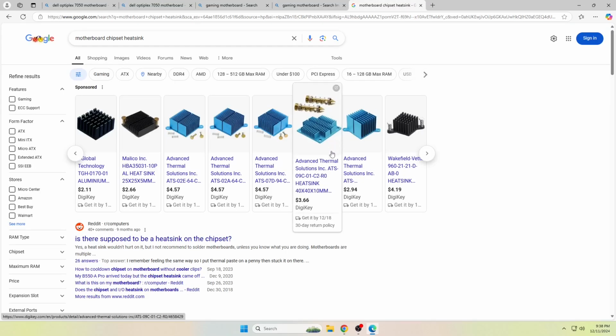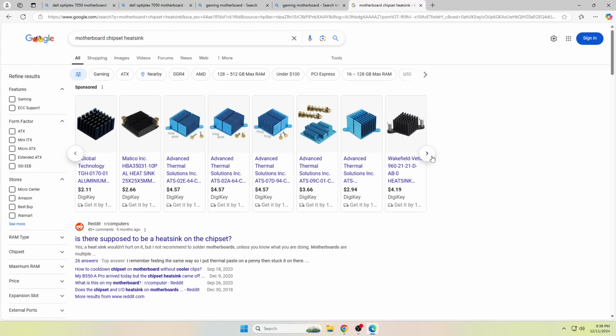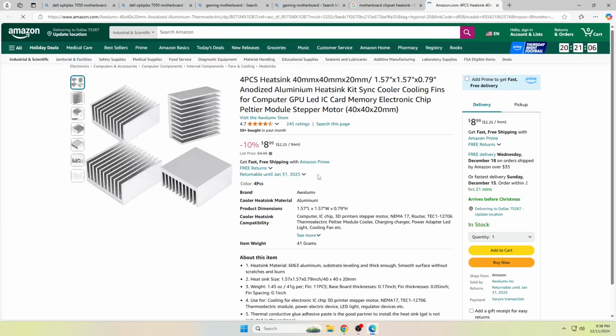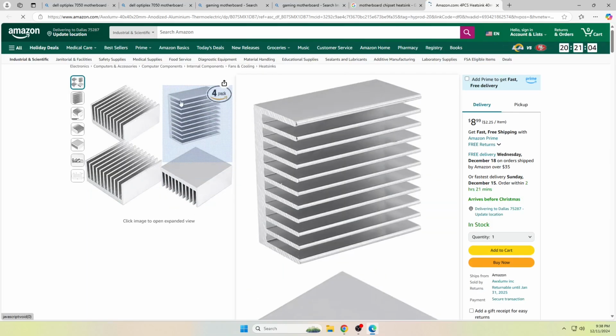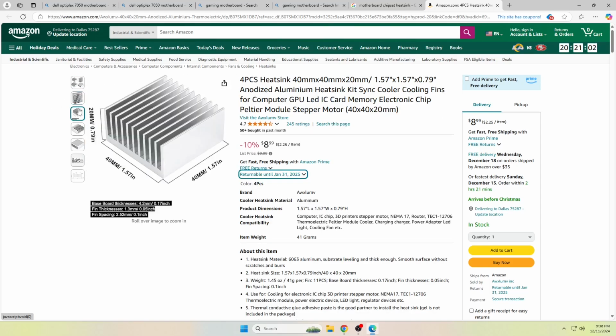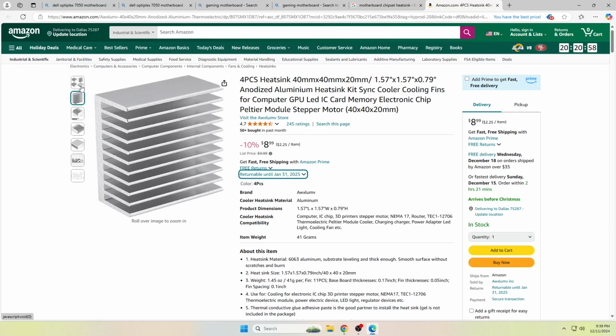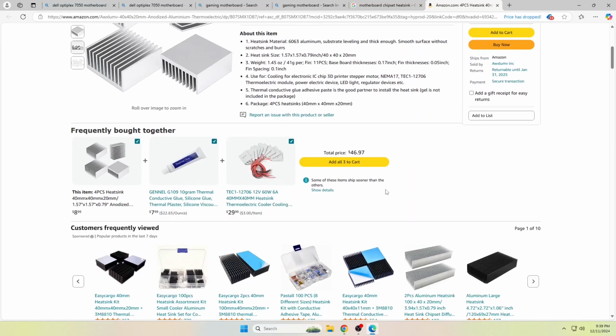We're going to have to use thermal adhesive. Something like one of these might be a little big, but those would be fine. But then we'd have to get double-sided sticky tape. Actually, hold on.